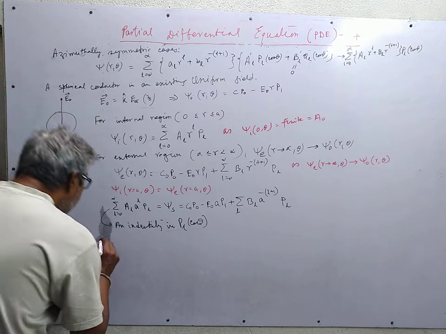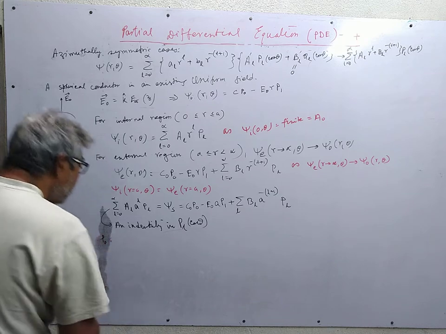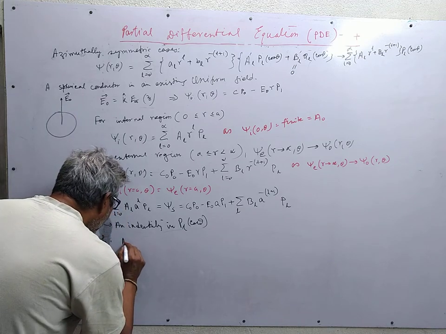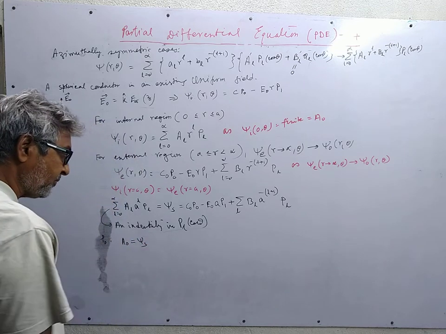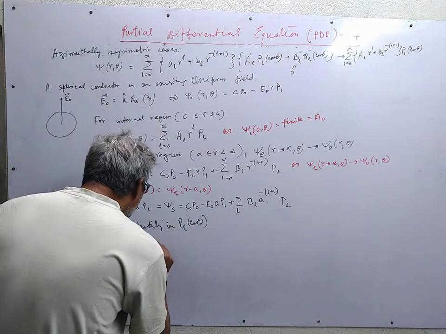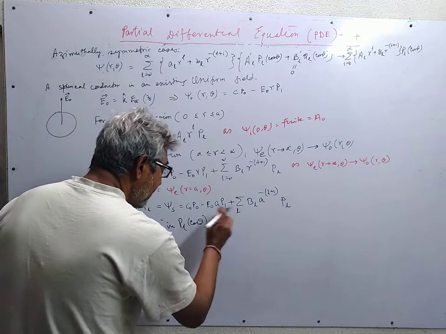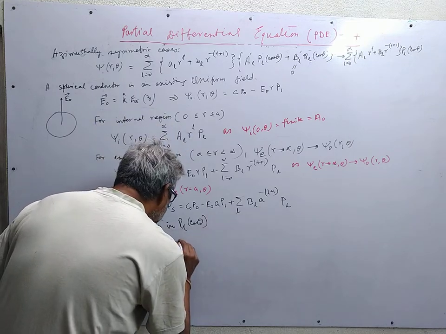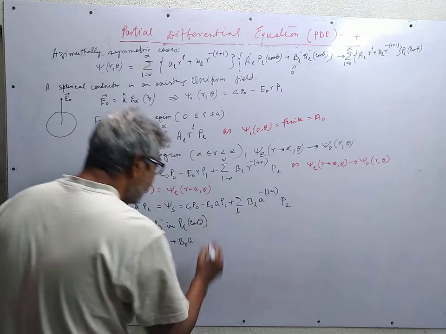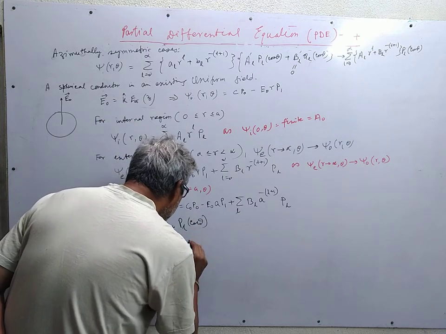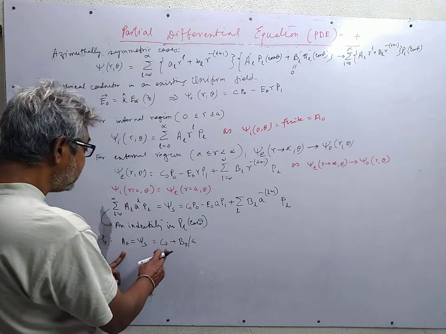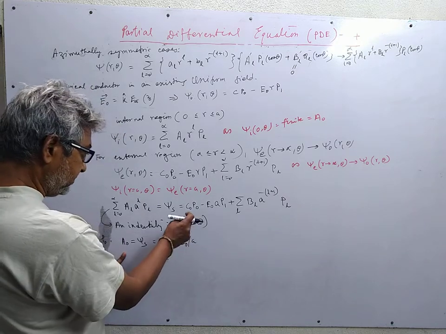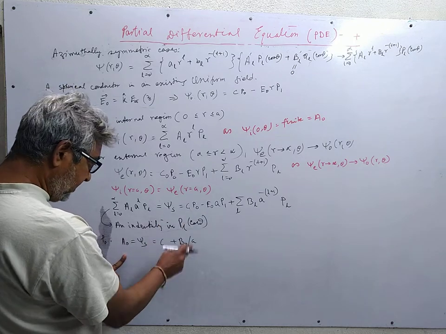So the coefficient of P0: A0 is equal to phi s, and on the right hand side we have C plus B0 by a. So we get a relation between A0, C and B0.